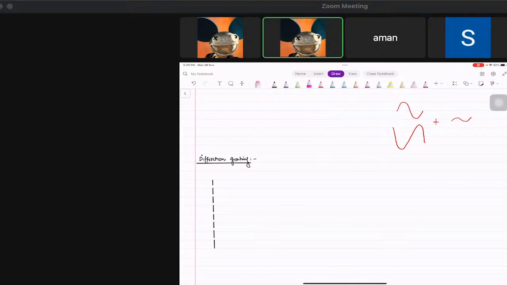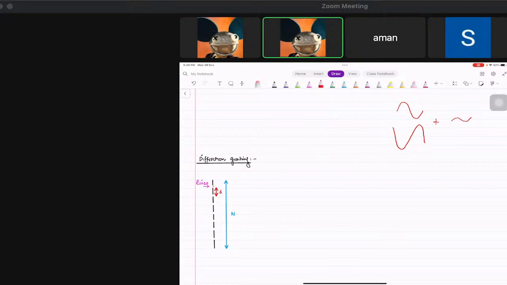so each of these are called lines, and the number of lines in the whole diffraction grating is called N, like that. Okay, so this part from one line to another, that's basically d.